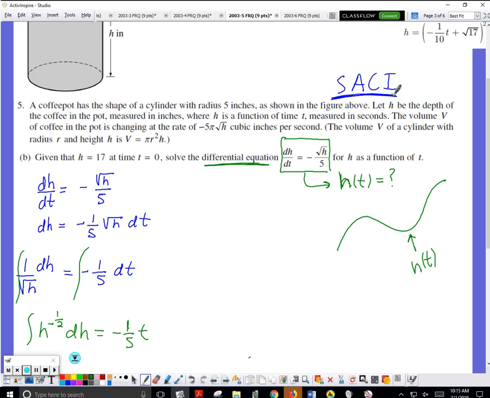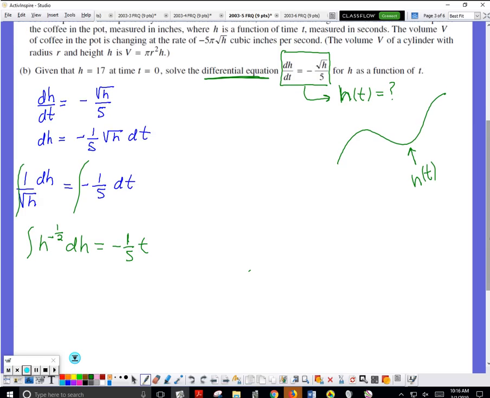Does that help? How did you get from the integral of negative 1/5 dt to negative 1/5 t? Where does the d go? So I'll help you. This literally means you started with something, and the variable here is t. When you took the derivative, you got negative 1/5.